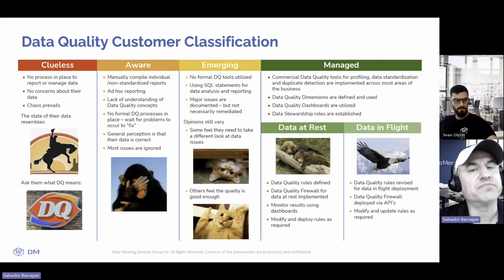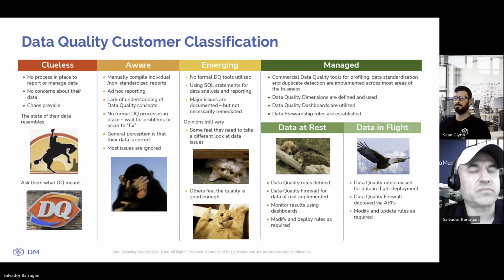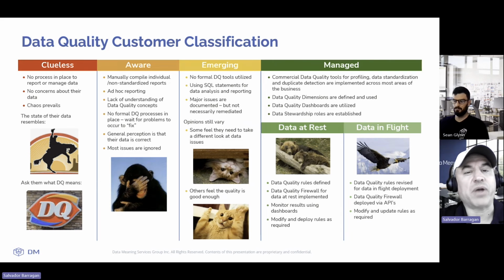The third maturity phase is sort of the emerging phase. This is where you're looking at data quality rules. You have some rules. You probably do some reporting through some SQL statements or through some other form of scripting writing. You probably understand or have a good idea of the major issues in your organization, but you're probably not remediating those issues as well as you can.